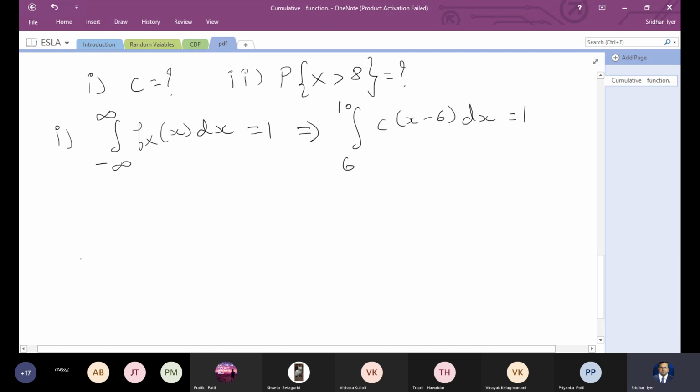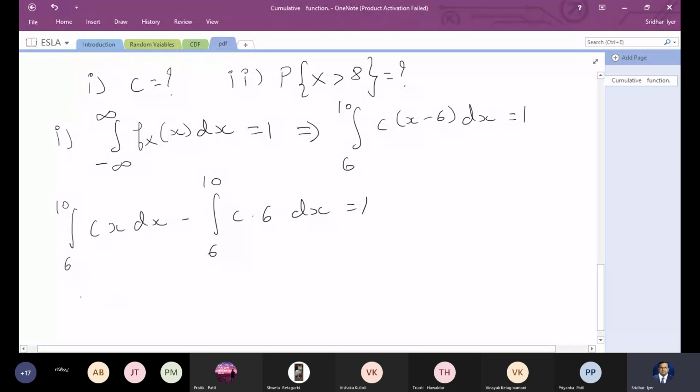So let's solve this integration. This is under the assumption that you are good with the integration part. You need a lot of integration and a lot of differentiation in this course. Okay. So let us integrate this value. So you'll have 6 to 10, I'll now open the bracket, so you'll have integral 6 to 10 of cx dx minus integral 6 to 10 of c into 6 dx equal to 1. Right.